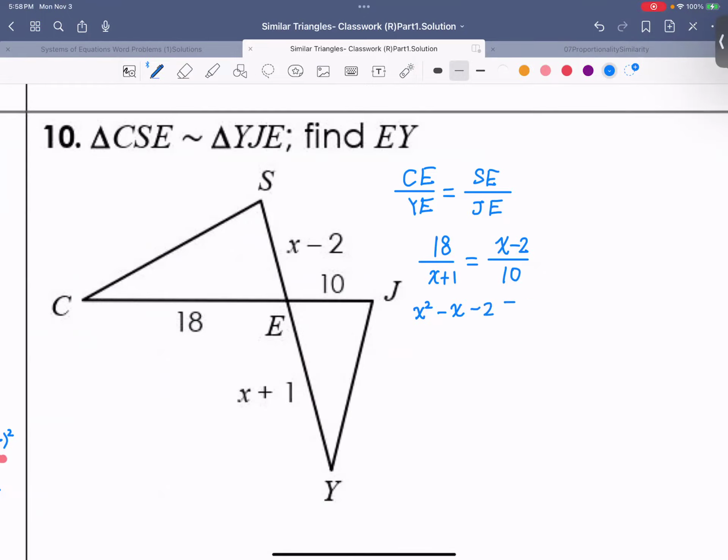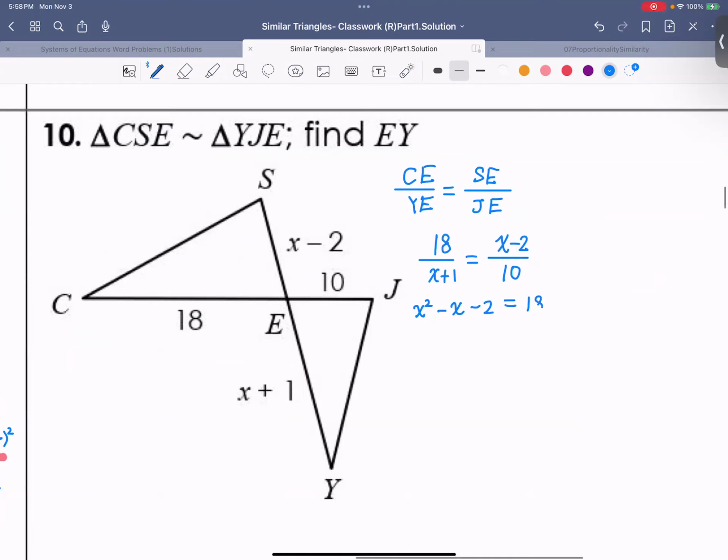Very good. Equals 180. See this girl? She's smart to skip this step, but make sure to do it correctly. Minus 2x plus x is minus x, so you can skip the work. Okay? Now let's move things around. You put the 180 on the other side to make minus 182 equals 0.